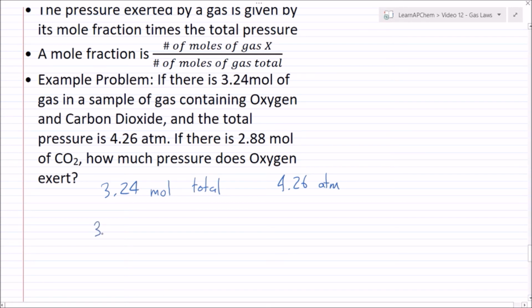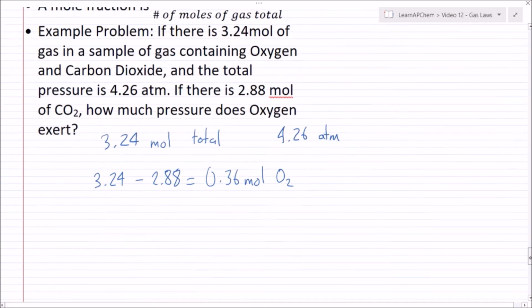So 3.24 minus 2.88. Remember there's only 2 gases here, oxygen and carbon dioxide, so whatever isn't carbon dioxide is going to be oxygen. So here I simply get 0.36 moles of oxygen. That's where this comes from.